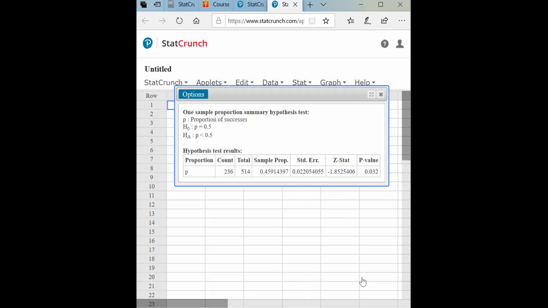So there's a little bit of an approximation there. You'll notice that using the technology, StatCrunch and other software typically lean towards producing p-values. They really don't do the critical value approach. The critical value approach is one that was taken more prior to there being so many technology tools available for our use. All right, that takes us to the end of section 8.2, but we've got a lot done.